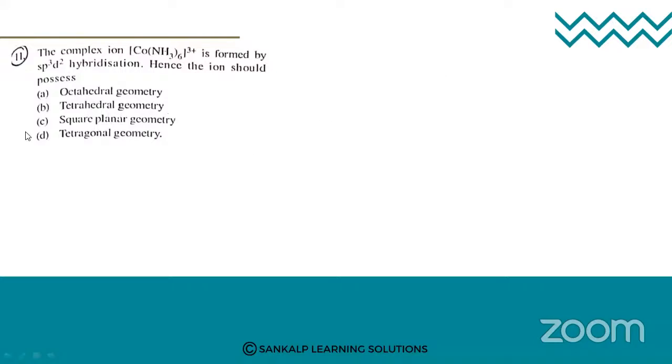So the complex ion, cobalt and NH3, [Co(NH3)6]3+, will exhibit what geometry? Let us see.